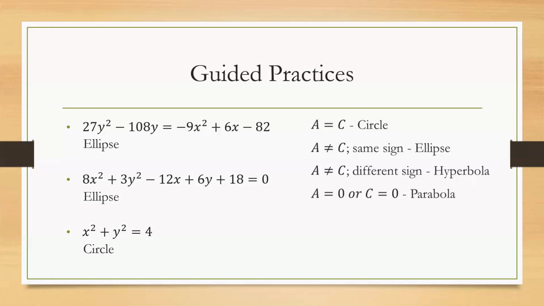Because our a and c are equal. So for our x squared term, we have 1. For our y squared term, we have also 1, positive 1 to be exact. And that's it. It's pretty basic. You can get it.